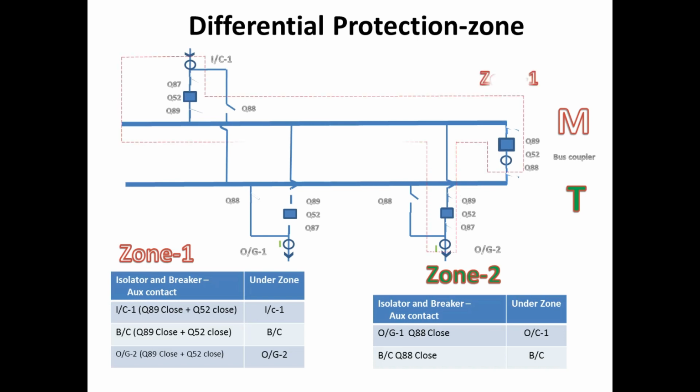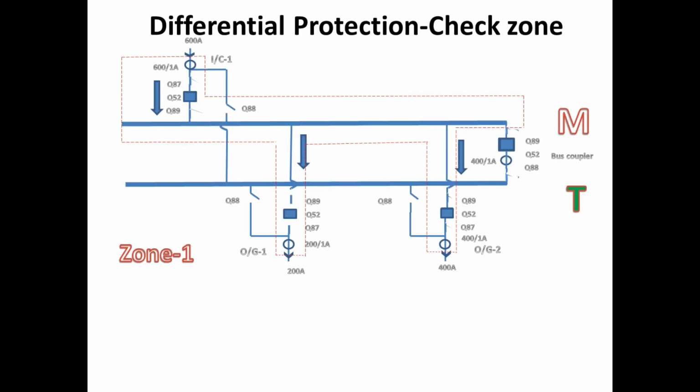So the formation of this zone mainly depends on this auxiliary contact. Then only it will consider that CT. So here, if we have a good auxiliary contact and a problem occurs, the zone will detect correctly and give trip correctly. Apart from this, we have the check zone, and we must know why we go for this check zone.